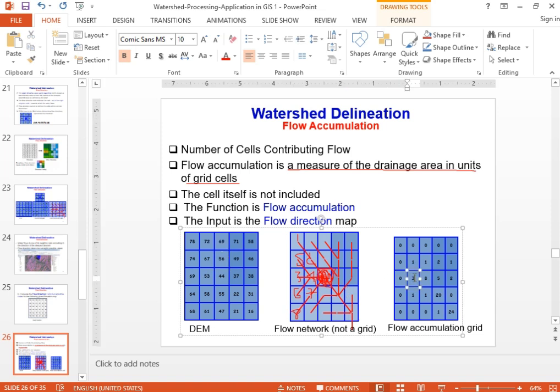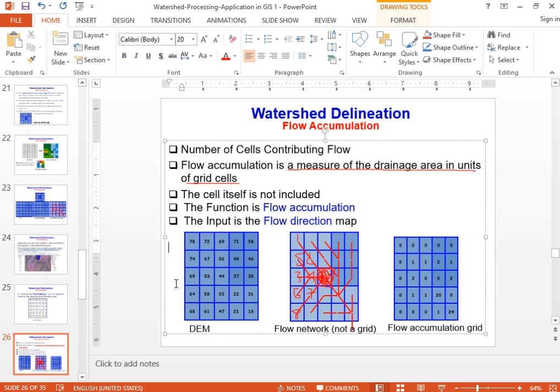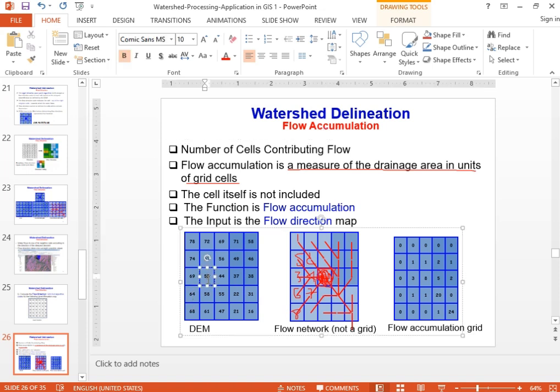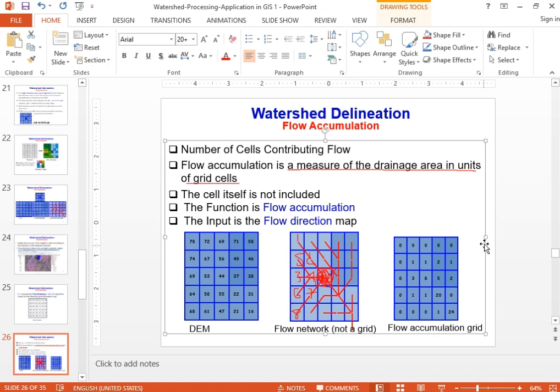For instance, for this case, the DEM cell value here, 74, goes to this one, as well as 69, and also 64. That's why this cell has a contribution of 3 cells for flow.